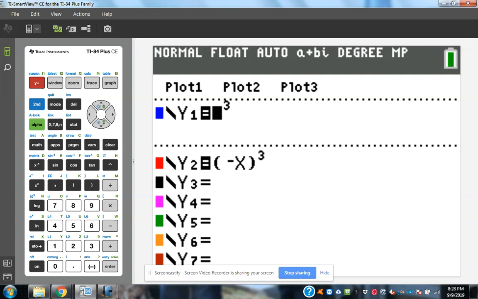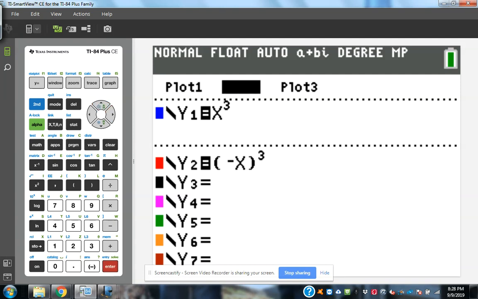I've got some stuff already in there. I'm going to clear that out. If you did that and one of these Plot 1, Plot 2, Plot 3 is darkened in, raise your hand. It's okay, we just need to turn them off. If you've got one that's darkened in, press the up arrow until you find the one that's darkened in.